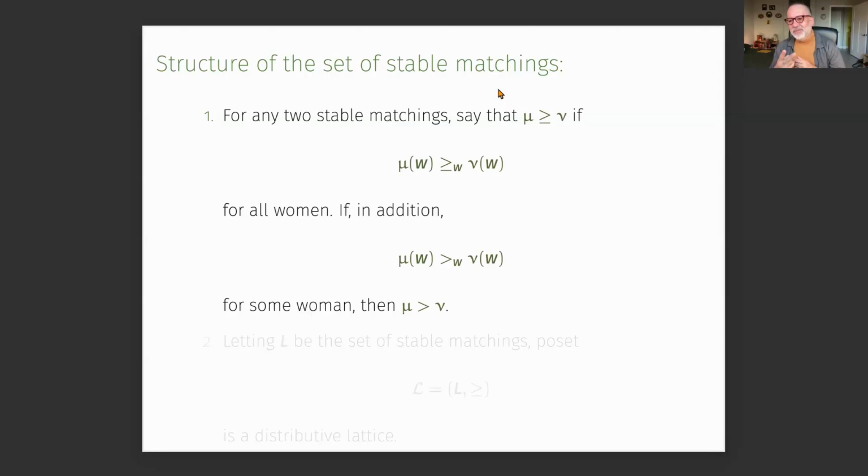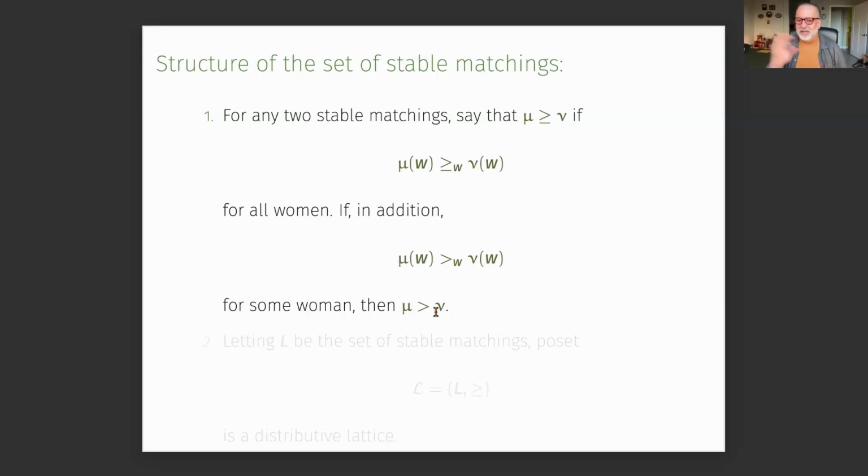So everything in our paper is written from the point of view of the women in the market. So we're going to say that mu is greater than or equal to nu if every woman weakly prefers the match that they get under mu to the match that they get under nu. If one woman strictly prefers the match under mu, then we say that mu is strictly larger than nu.